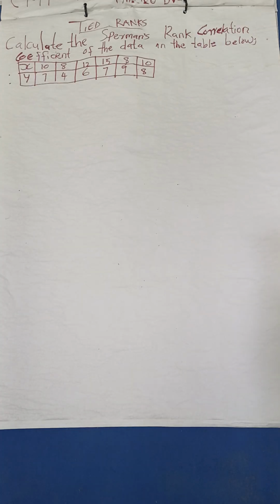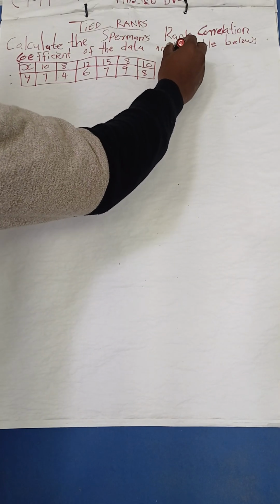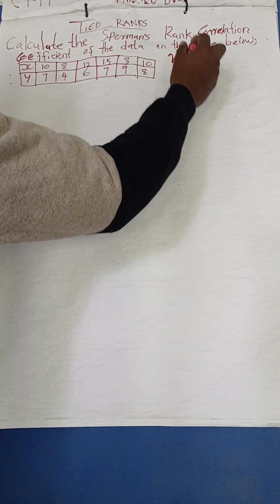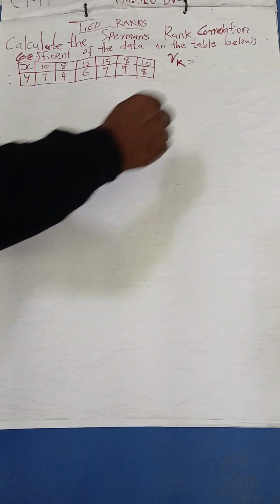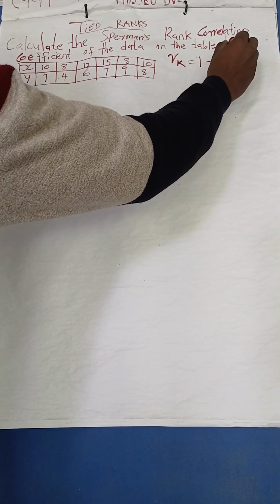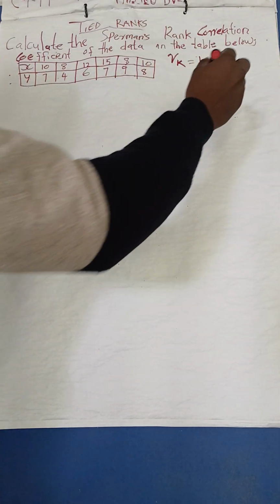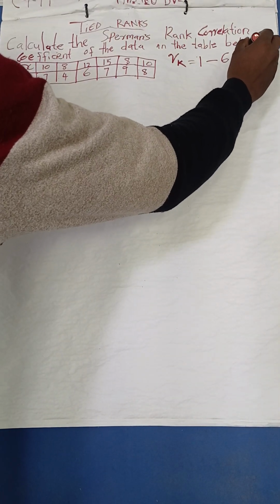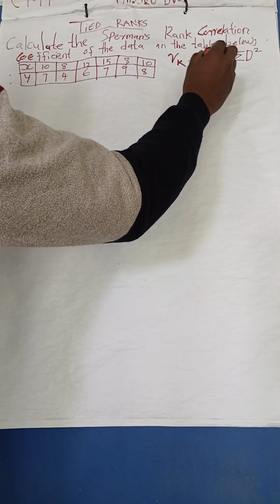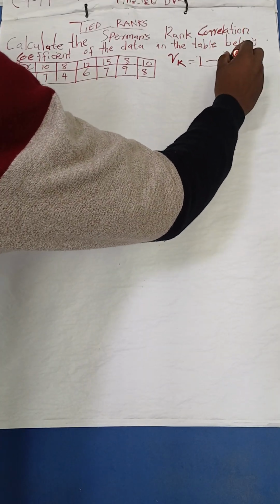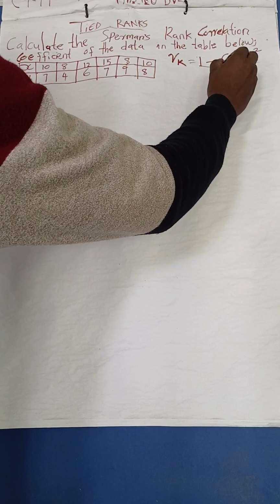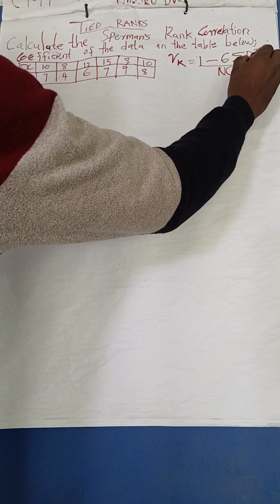So for today, let us focus on Spearman's rank correlation coefficient, tied ranks. A very interesting part. As you all know, the formula for Spearman's rank coefficient is R, the coefficient, equals 1 minus 6, where 1 and 6 always remain constant, times the total summation of d squared, divided by n in brackets, n squared minus 1.